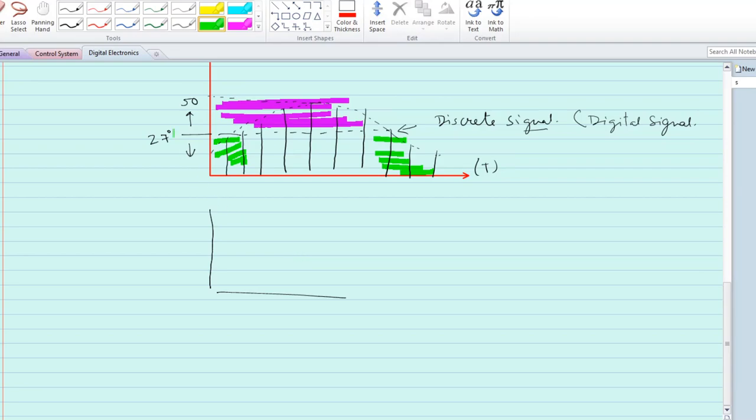So there are two values available, less than 27 degree or greater than 27 degree. Okay.